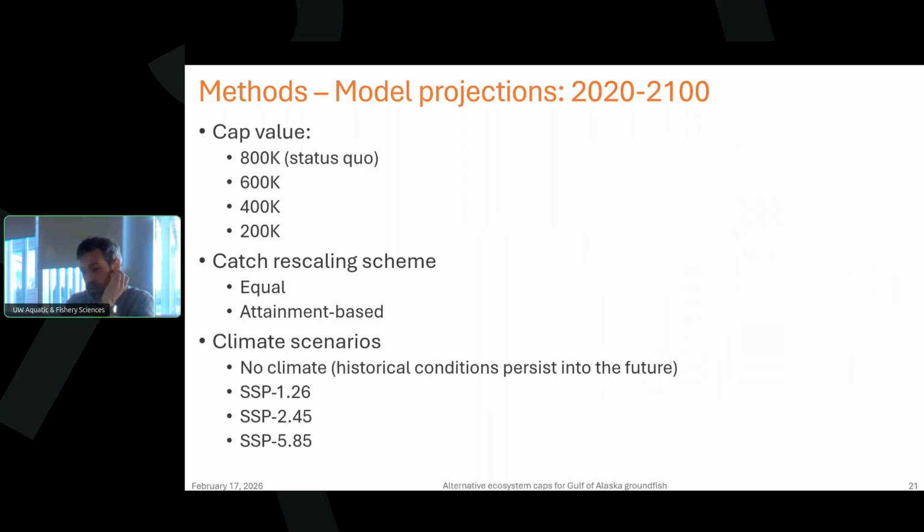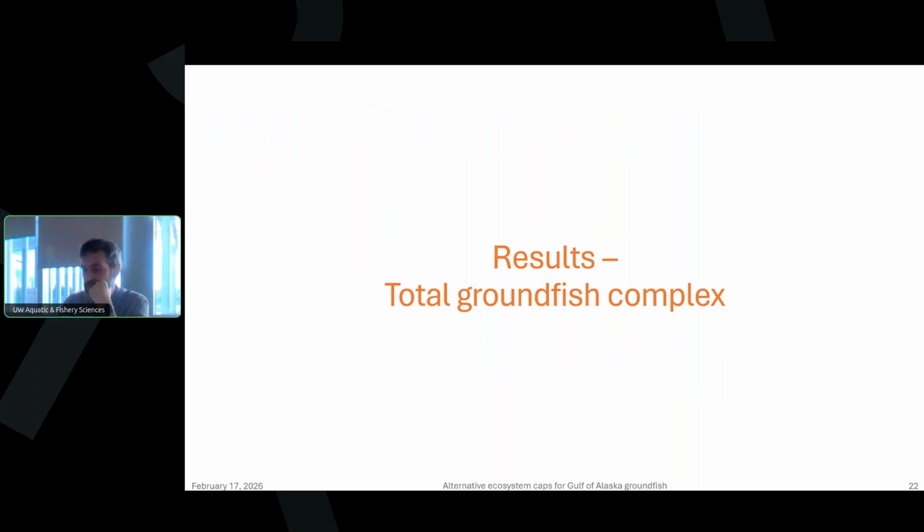Climate-wise, we look at no historical conditions, a control case where you have no change in the environment, and then three increasing emission scenarios. I'll step through some results, organized at the levels of total groundfish complex, then single species, and then total ecosystem.